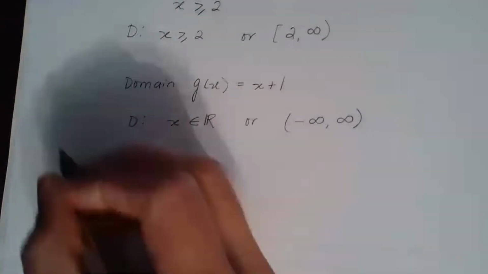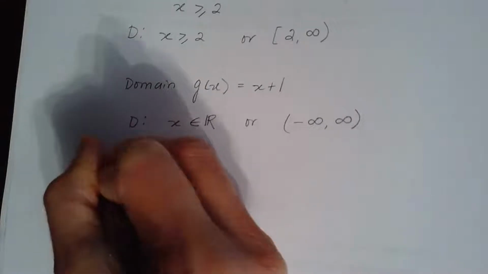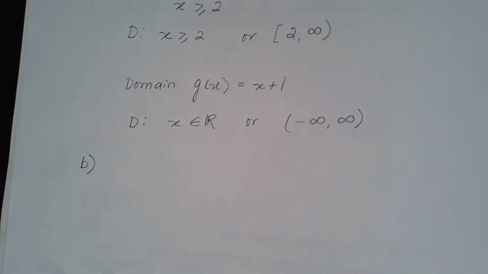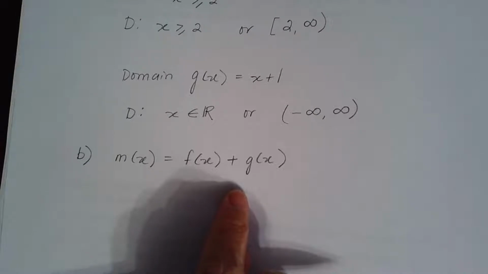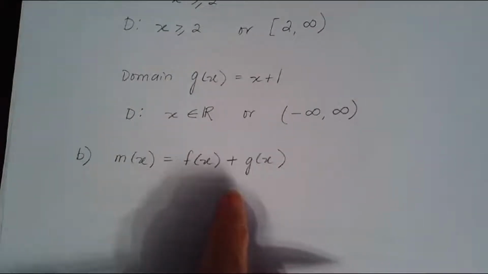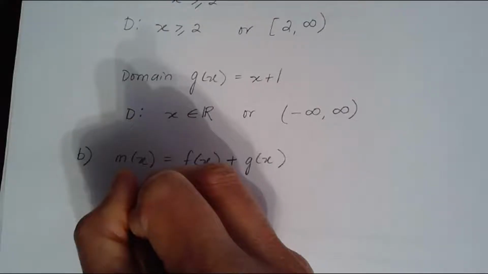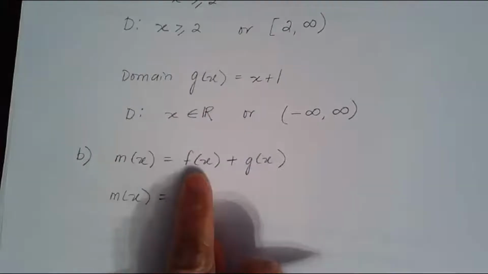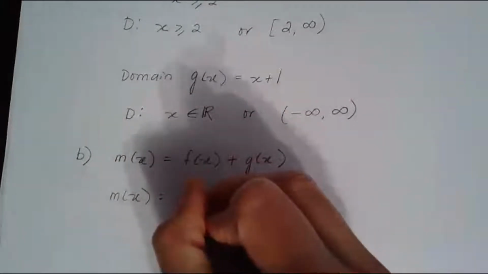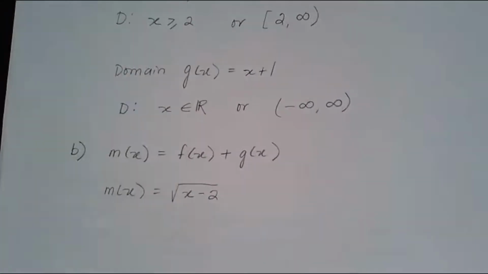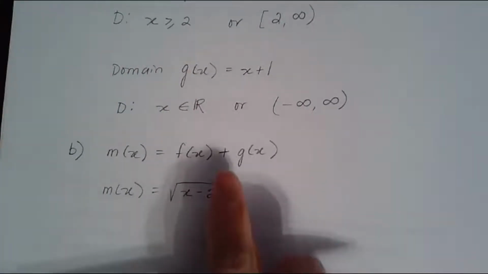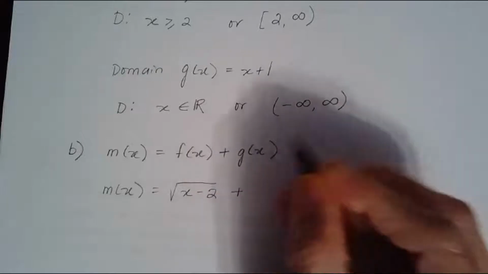Turning back to my paper. M of x, writing down the explicit function. Well, we know f of x is the square root of x minus 2, and we're going to add that to g of x.